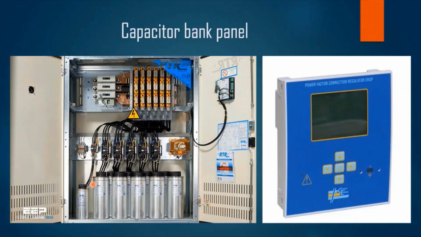If the demand load increases and the power factor goes below the target, then the contactors will take another step and close for the standby capacitors and connect these capacitors to the line to reach the desired target power factor. This is the main idea behind how a capacitor bank panel works.